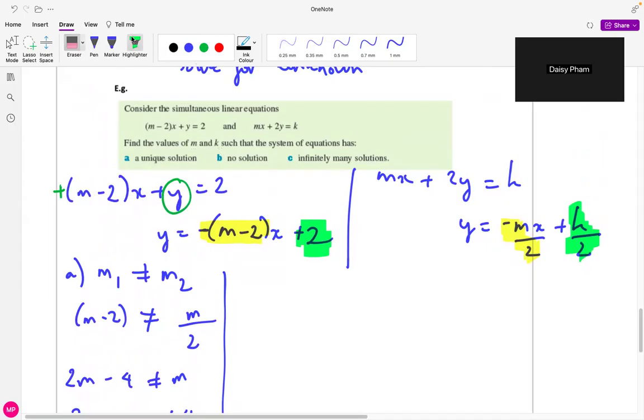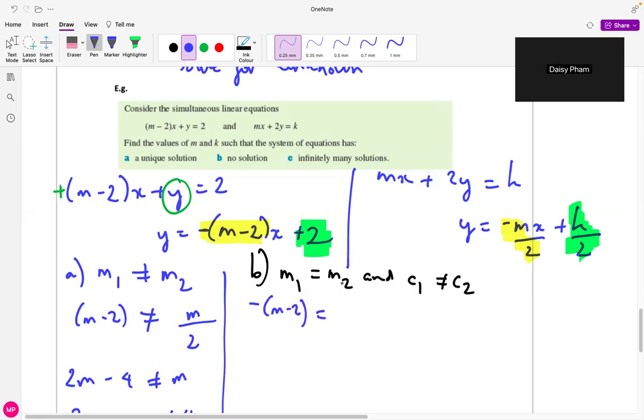All right, B. If I do B, I pretty much do the same thing. For B, I want no solution. So m1 equal m2 and c1 not equal c2. m1 is the gradient here, negative m minus 2, equal to m2, negative m over 2. And c1, which is 2, not equal k over 2.